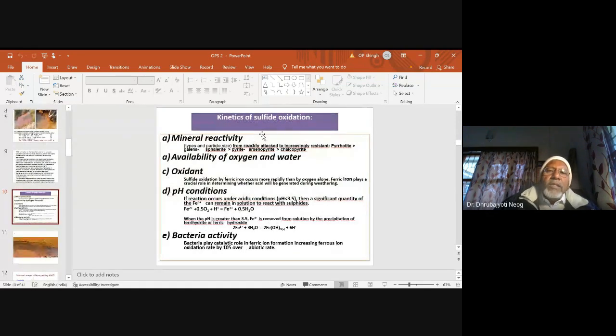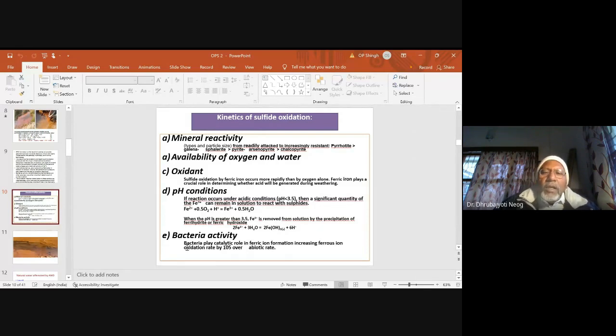Then there are other factors like mineral reactivity, the size of the mineral or coal particles, and the availability of oxygen and water. If oxygen and water are readily available, then the chemical reaction will be faster. Then the oxidant for sulfide oxidation, which means ferric. If ferric ions are present, then also the chemical reaction is fast. pH condition also determines the chemical reaction rate.